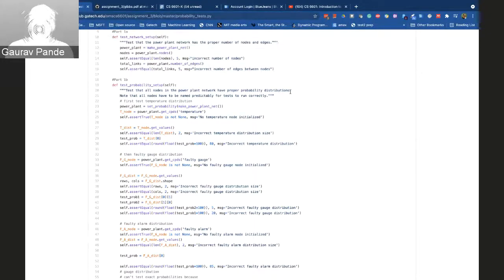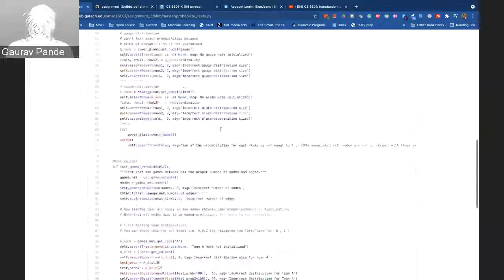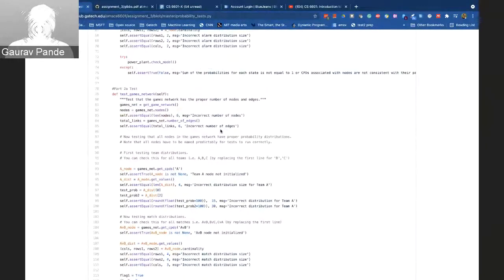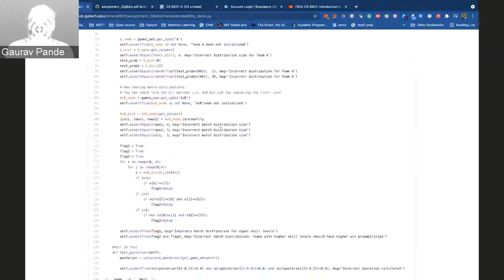That is, you have calculated the CPD values correctly, and the node names you have implemented are correct. Feel free to take a look, and if you want to modify this locally and add some of your own test cases, feel free to do so.